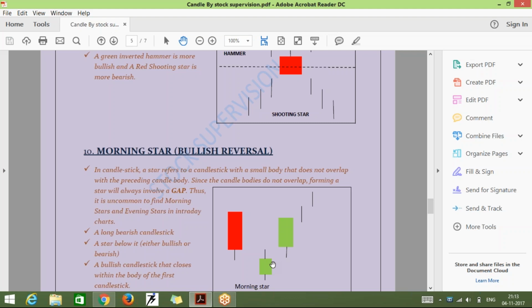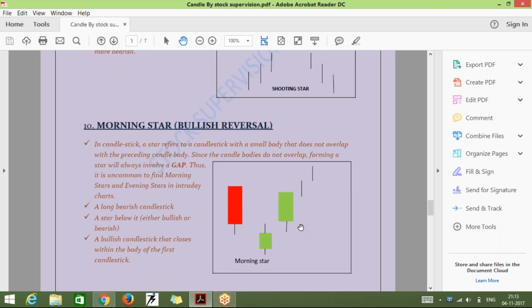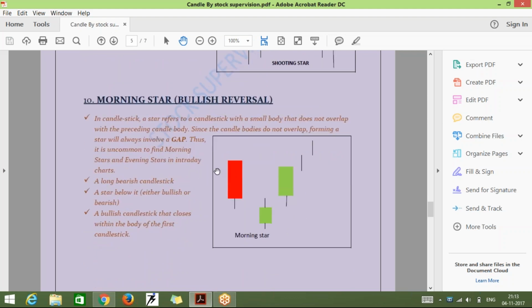Here comes another concept, the gap concept. Here you can focus on the cursor. This is the first candle being formed. Here the setup should be exactly like this. The first is a long bearish candlestick, a red candle. The second is a star below it.